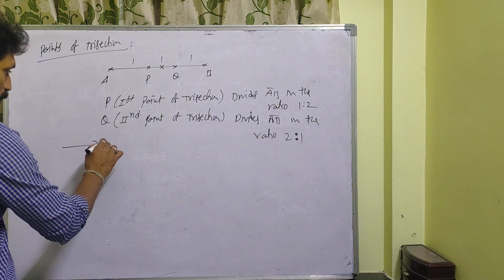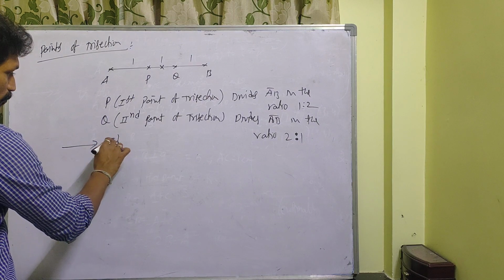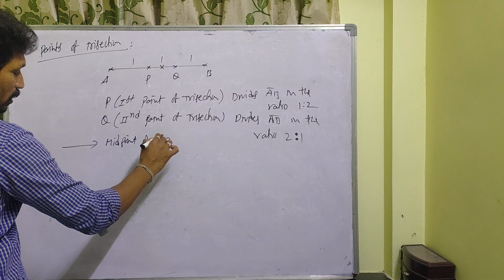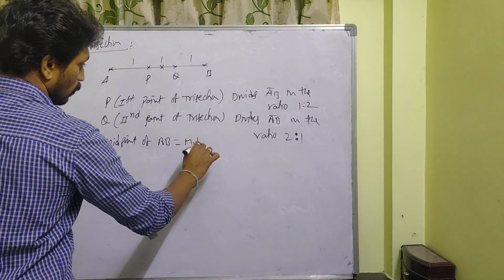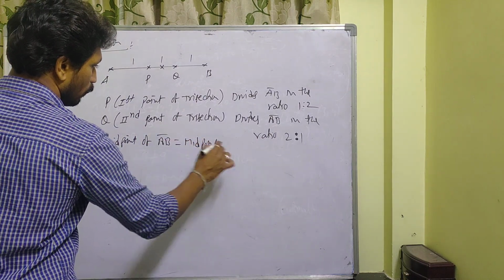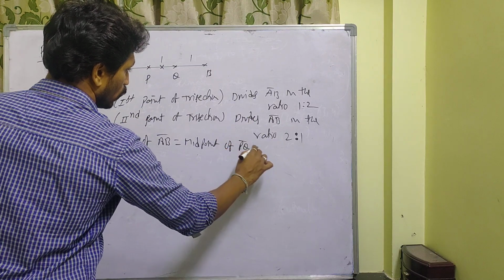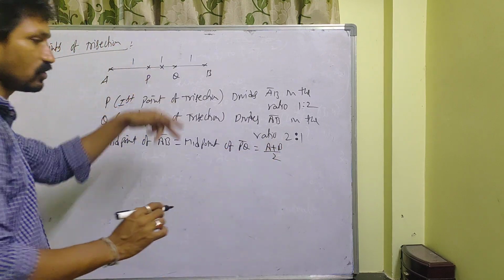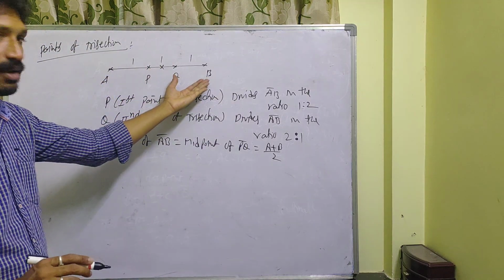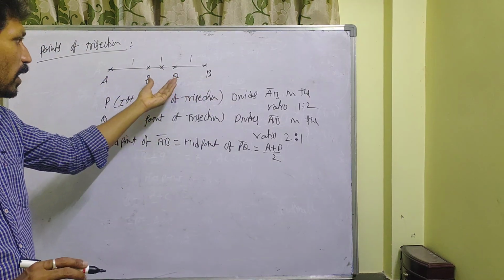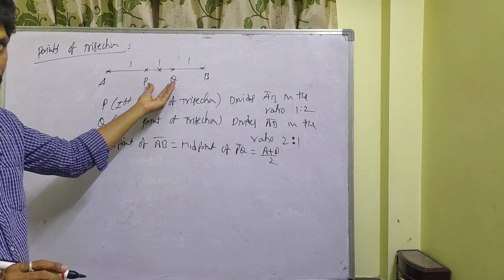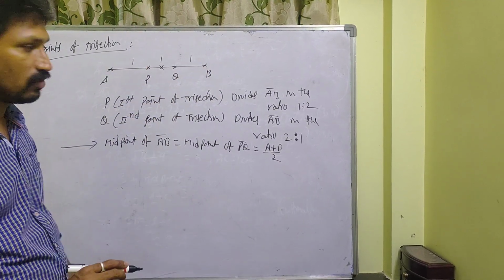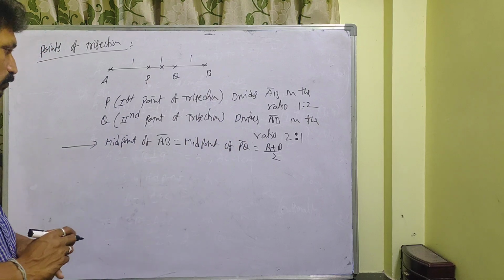So the midpoint of AB is equal to the midpoint of PQ, which is (A plus B) by 2 or (P plus Q) by 2. If you know points A, B and want to find the midpoint of the points of trisection, that is nothing but the midpoint of AB, that is (A plus B) by 2.